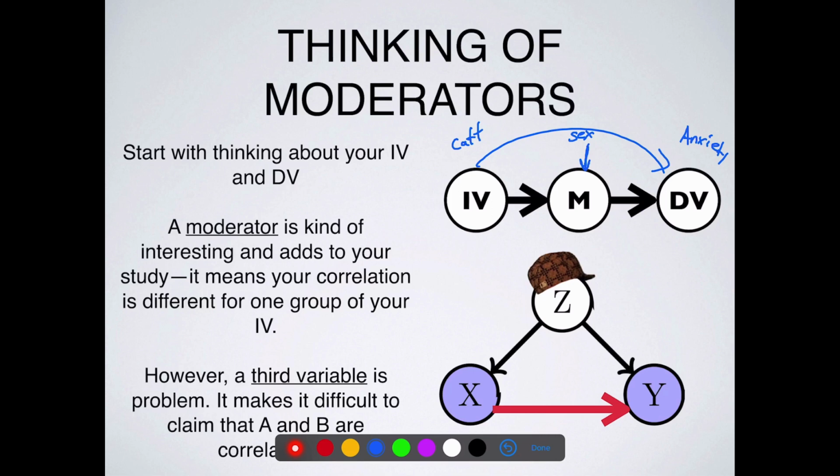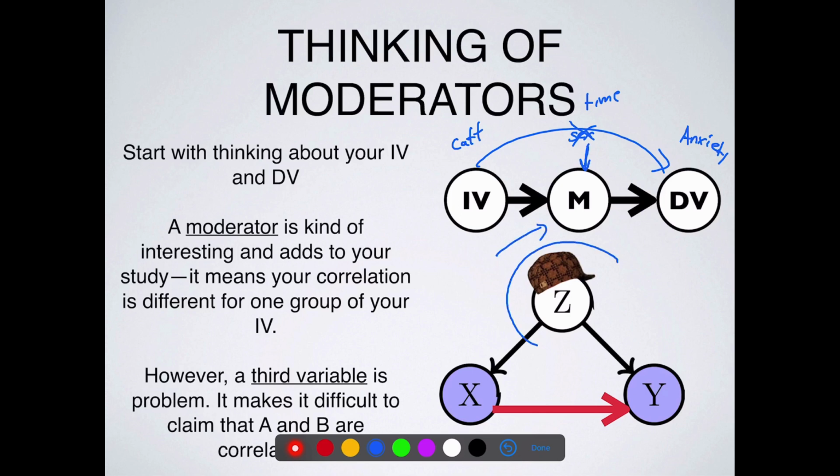Maybe the strength of the relationship between caffeine and anxiety might vary based on being male or female. But let's say maybe you think time. Maybe the impact of caffeine on anxiety might vary by time of day, right? So you have some people do it in the morning, some people do it in the afternoon, and you find that exactly that, right? So when you're thinking of a moderator, that's what you're looking at.